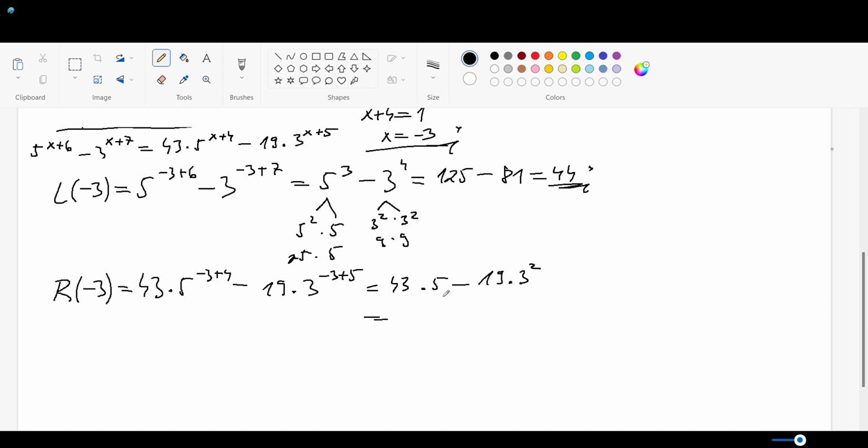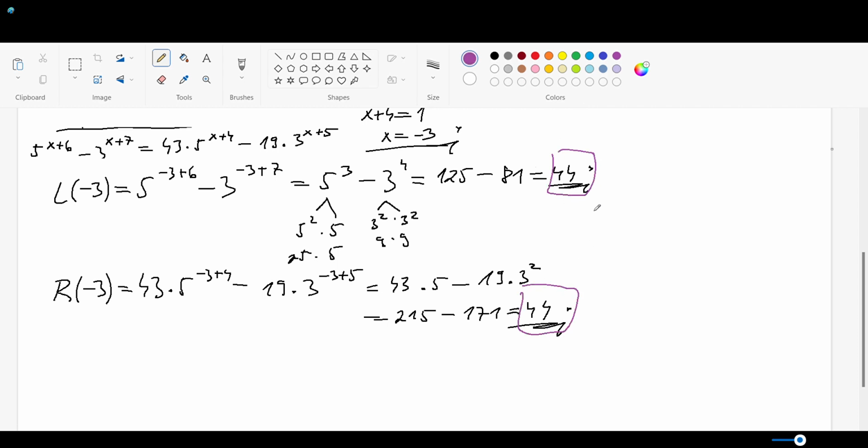And then these are numbers like 215, take away 19 times 9, which is 171, which gives 44. Okay, we are done. So the solution is correct.